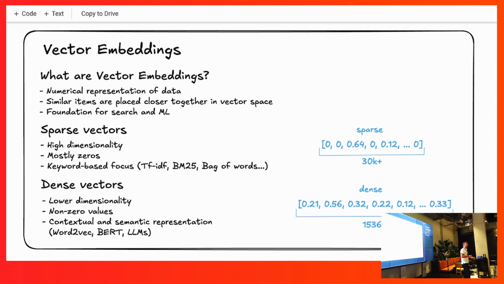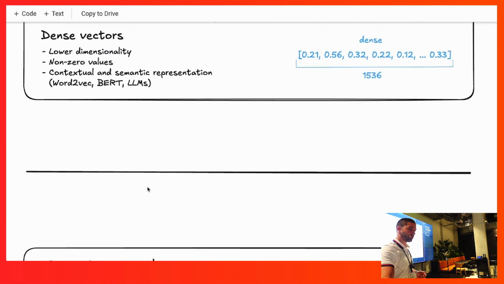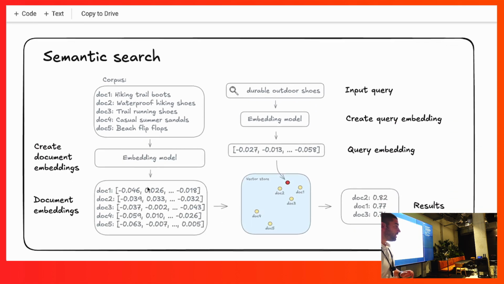So models are encoding semantics and meaning into those vectors, and even if they have much lower dimensionality, they are bringing much more information to the search. Here you can see examples of sparse and dense vectors. And actually, dense vectors are the pillars of semantic search.